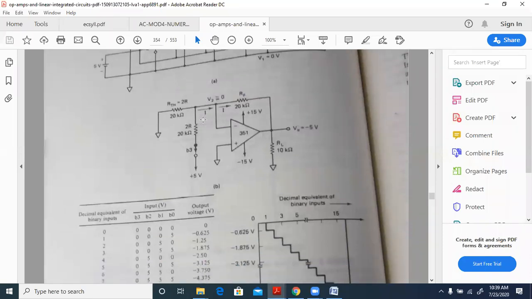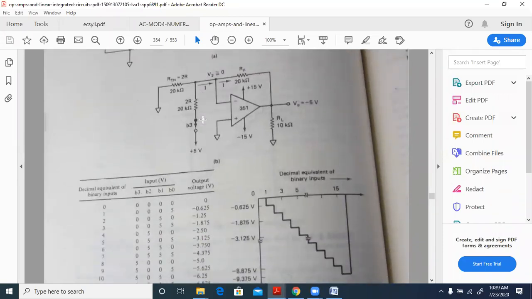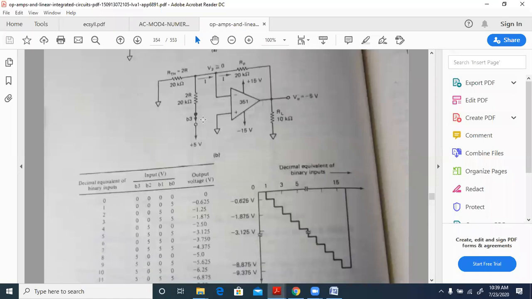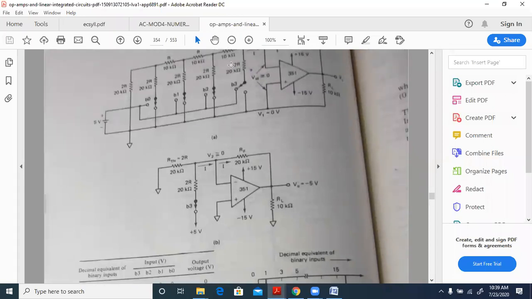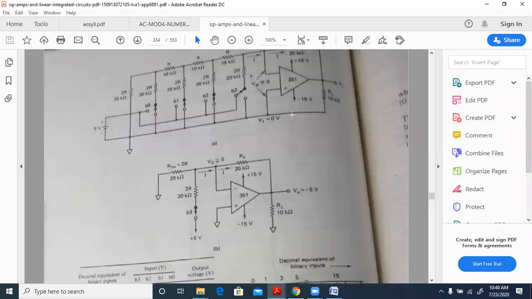So for this, we need to find the step size, right? Here you can see B3 is here, B2 is here, B1 is here, and B0 is here. For B3, he has put the value over here.